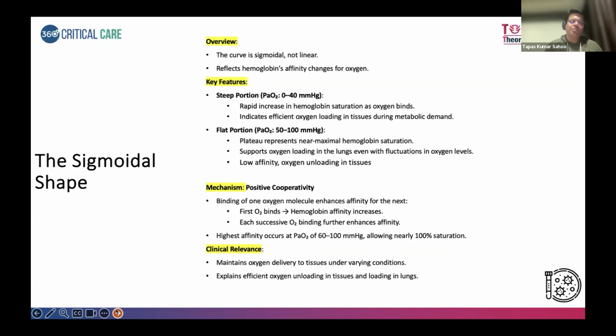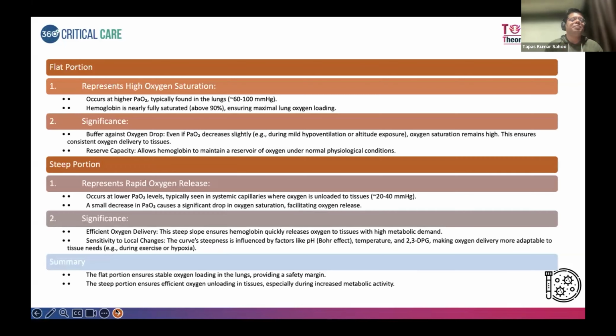So this is all about the sigmoidal shape, but I will explain in a little more detail about the flat portion and the steep portion. Now, the flat portion represents high oxygen saturation because the PaO2 has already crossed 50 or 60 millimeter mercury. This occurs at higher PaO2 typically found in the lungs, 60 to 100 millimeter mercury.